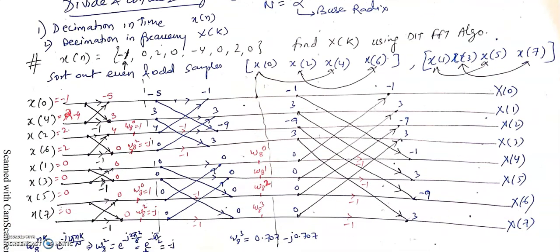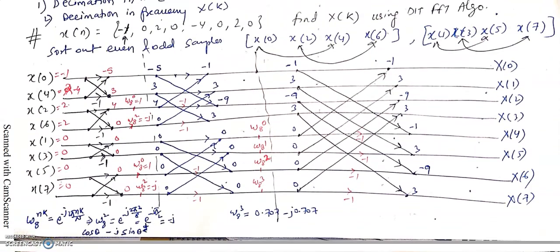For the 8-point DFT, at the first stage we take these two samples and cross them like this. Whatever is on an arrow, we multiply, and whatever is at a node, we add. Here it is -1 and here it is -4, so they cross, -4 and -1 are added, and -5 will be here.